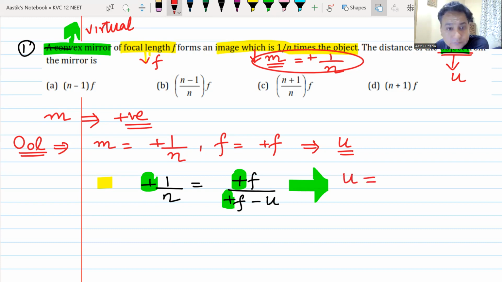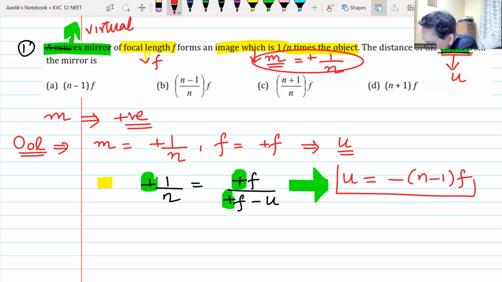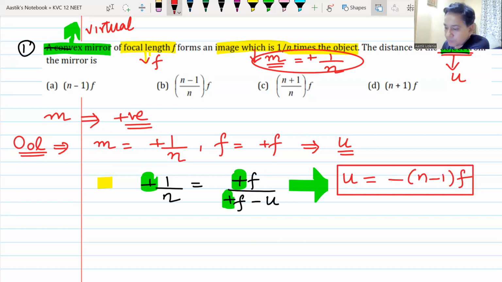Sir, A option. A option, yes. A option is correct. You will get the value of u as minus of n minus 1 f. Is that correct? Why is this minus sign coming?